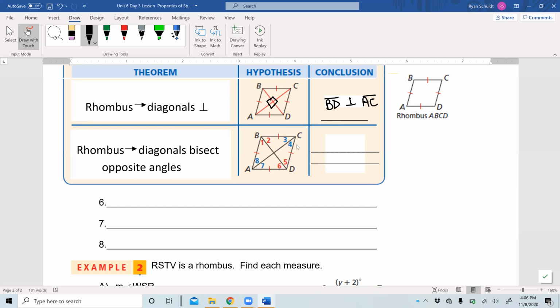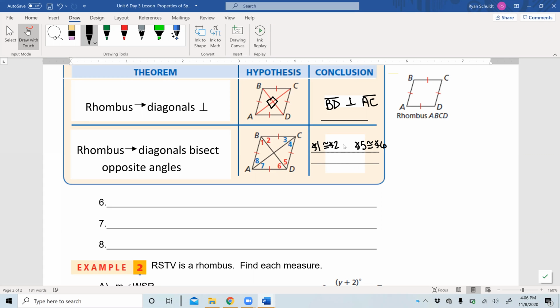Okay. Also, the diagonals bisect the opposite angles. So if we look at this rhombus here, then angle 1 is congruent to angle 2. Angle 5 is congruent to angle 6.